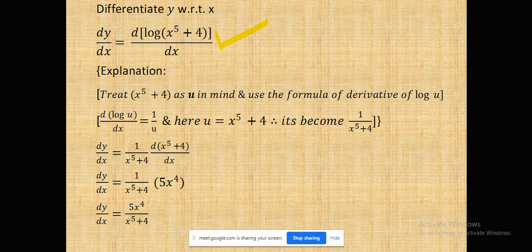So the derivative of log first is 1 upon that function, 1 upon x raised to 5 plus 4, and the derivative of x raised to 5 plus 4 is 5x raised to 4. So simply this is the answer for it.